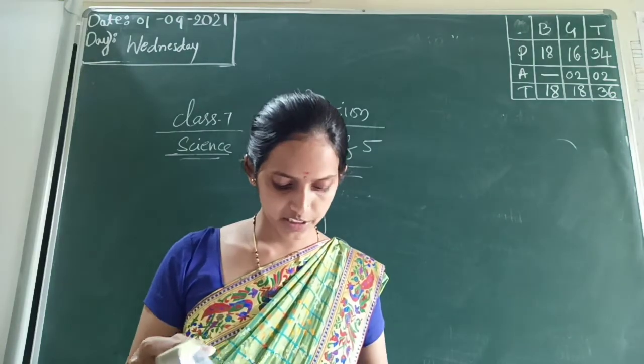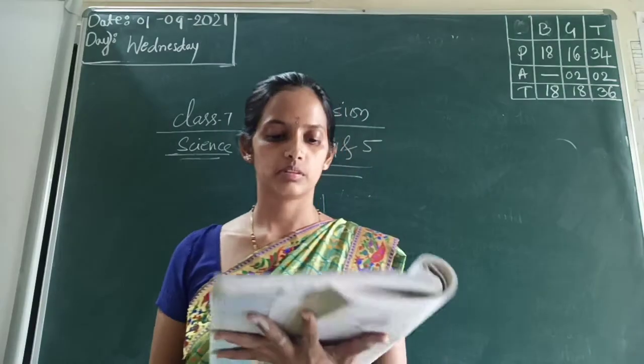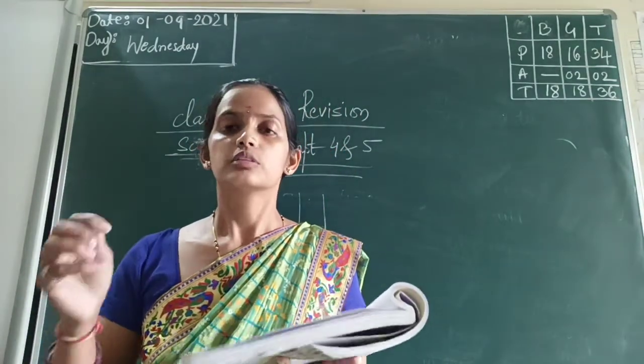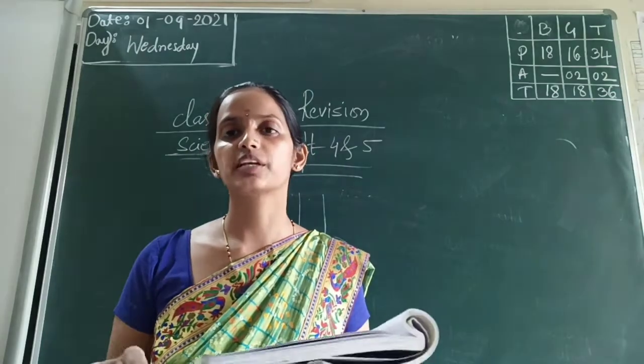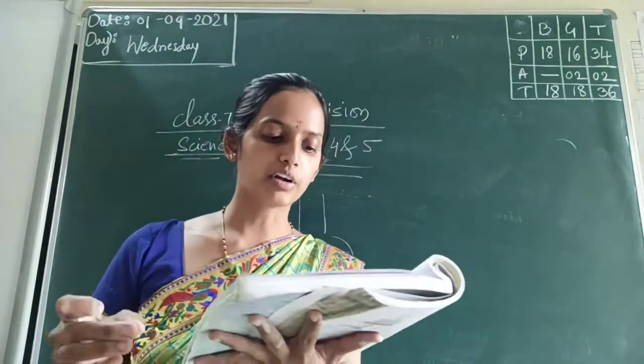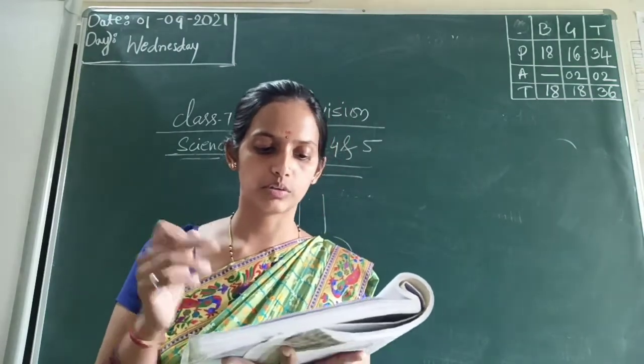The next part is sea breeze and land breeze. So you can see the figure, that is 4.11, how the hot breeze, so breeze means wind, okay, so hot breeze or the hot wind is getting transferred from land to the sea.